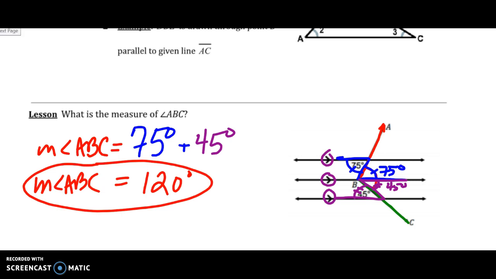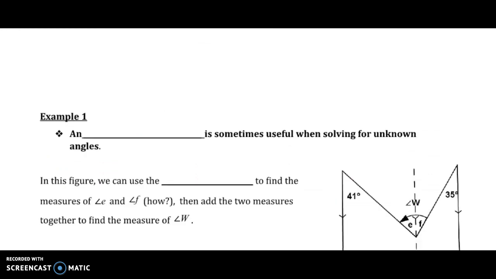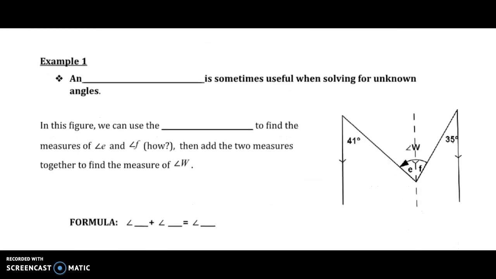How does this apply to the lesson we're going to do today? So let's take a look at this example here. Okay, so I have 2 angles in here, and notice I have this dashed line. This is my auxiliary line, already in the diagram for you.